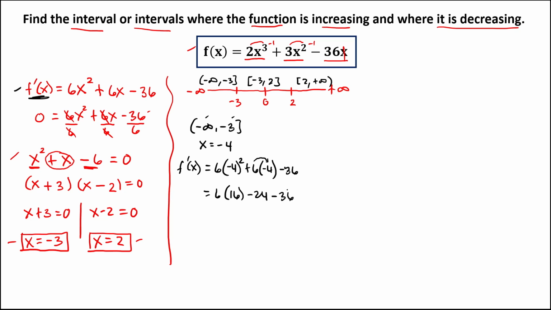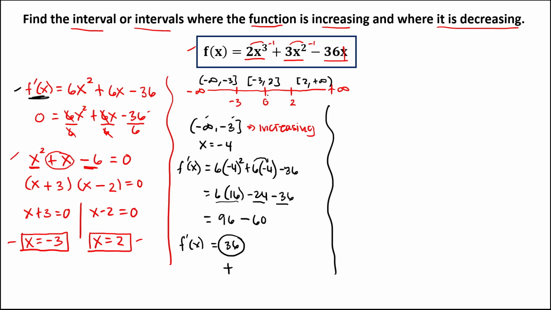Then minus 36. And this 6 times 16, this is 96. Then minus 24, minus 36. So we have 36. So therefore, f prime of x equals positive 36. So since the result is positive, this interval is increasing.